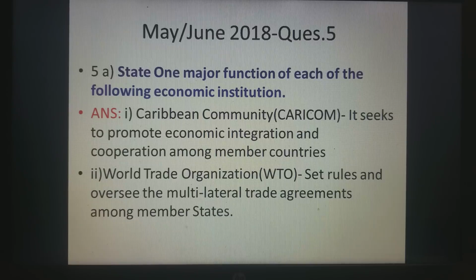Major function: it seeks to promote economic integration and cooperation among member countries. Secondly, World Trade Organization, the WTO. Major function is it sets rules and oversees multilateral trade agreements among member states.